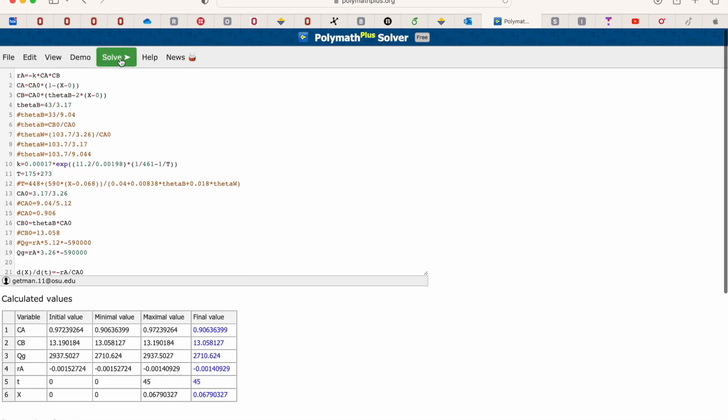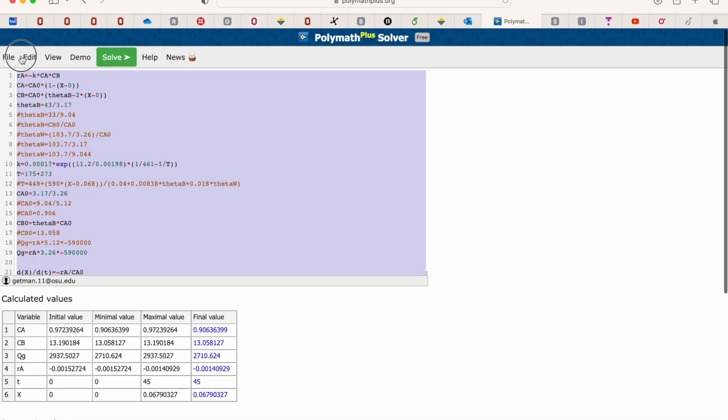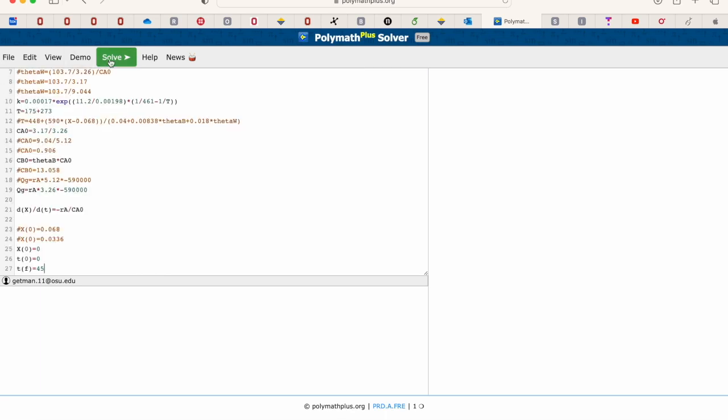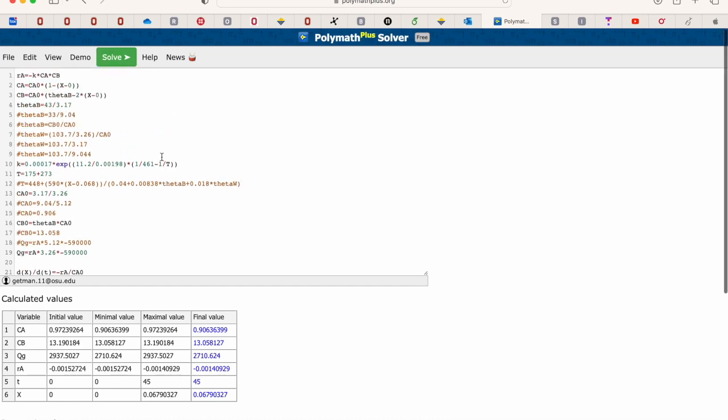So I'm going to click solve. And apparently I may need to log back in, so I'm going to. All right. Okay, so this is where I get my values.